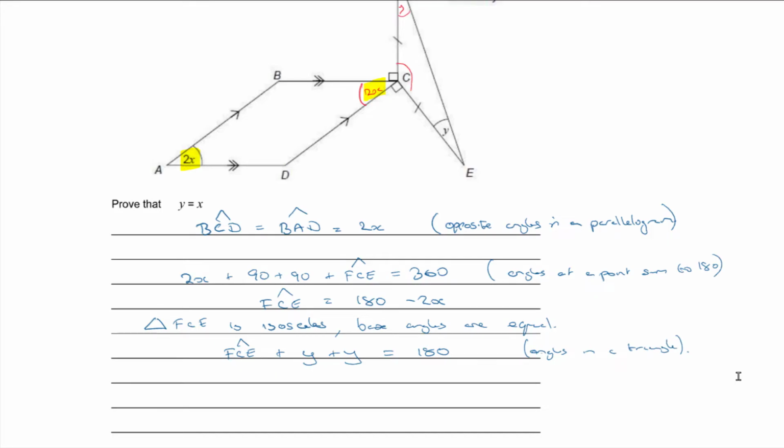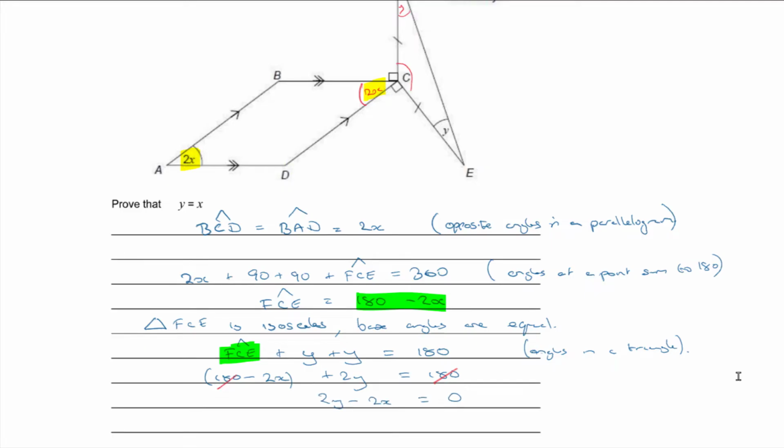Okay, so then we know that FCE, we found it here, didn't we, is 180 minus 2x. So replacing that in there, I get 180 minus 2x plus y plus y, that's plus 2y, is equal to 180. Okay, so then that 180 and that 180 cancel, so I've basically got 2y minus 2x is equal to 0.